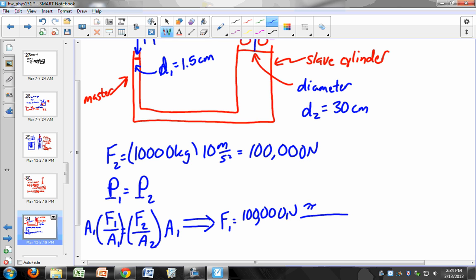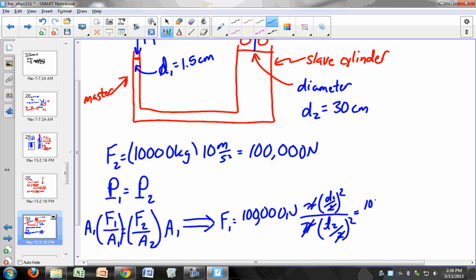Now, A1 is the area of the circle. That's pi times the diameter over 2 squared. This is going to be D1 over pi times the diameter over 2 squared. The pi's cancel, the 2's cancel, so I'm left with D1 squared over D2 squared.